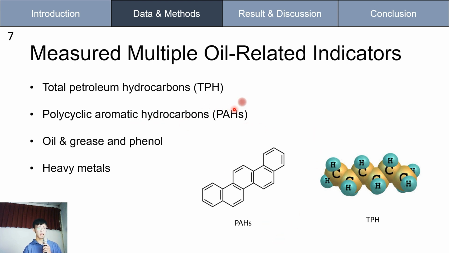It is a specific type of TPH, and it is toxic. And it looks like this. And oil and grease and phenol and heavy metals. These indicators are commonly used to evaluate the environmental impact of oil pollution.